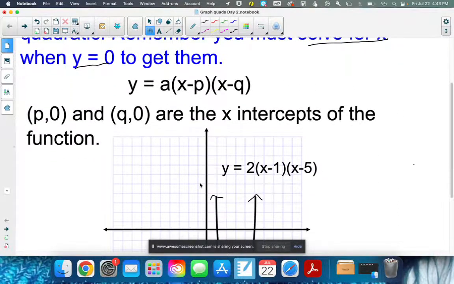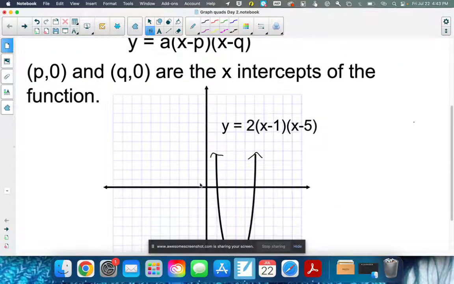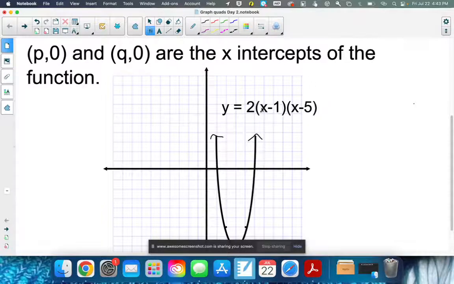So first example to look at is y equals 2 times x minus 1 times x minus 5, because those are all being multiplied. If you solve for your x-intercepts, we make y equals 0. So x minus 1 equals 0 and x minus 5 equals 0.